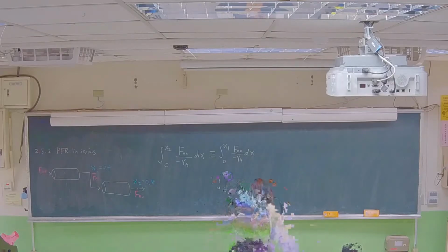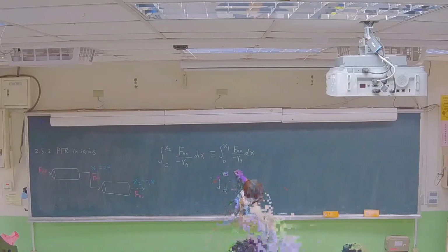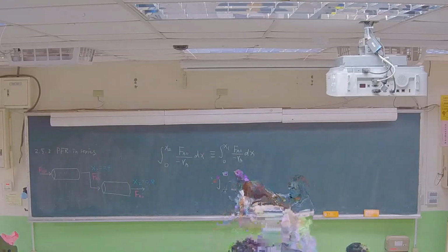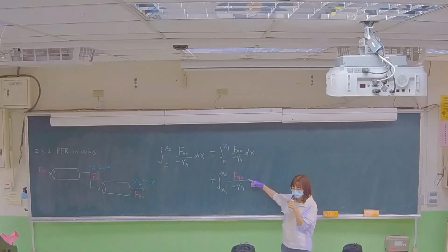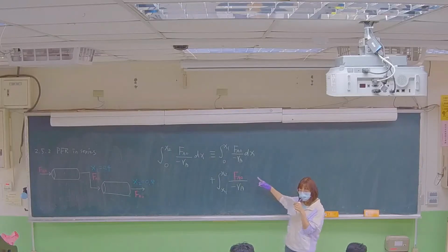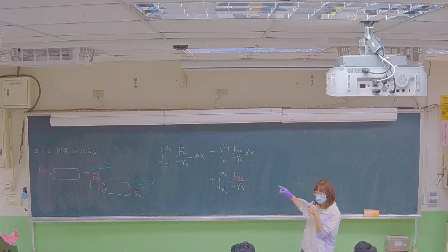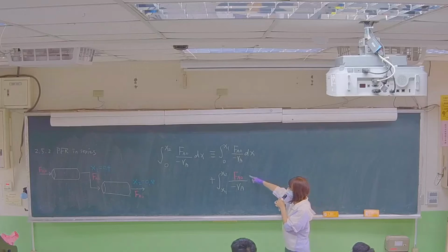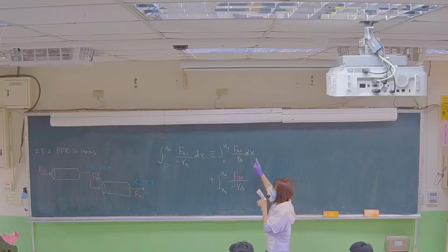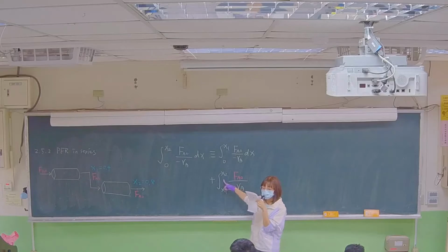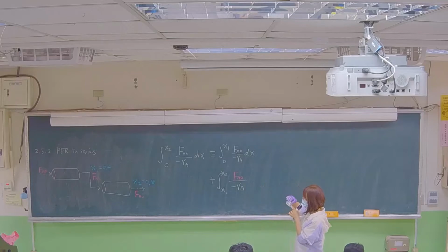Okay, so how about the second one? For the second reactor, the conversion is from X1 to X2, okay? And also remember, this term is still FA0, not FA1 or FA2, still FA0, because of the definition of conversion, right? The definition of conversion is based on the molar flow rate at the beginning, FA0.